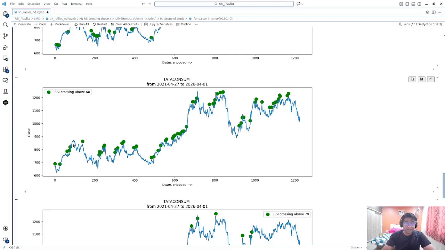Do you see? The market is always in the bullish phase or at the distribution phase. See, bullish, bullish, bullish, and here it is distribution.